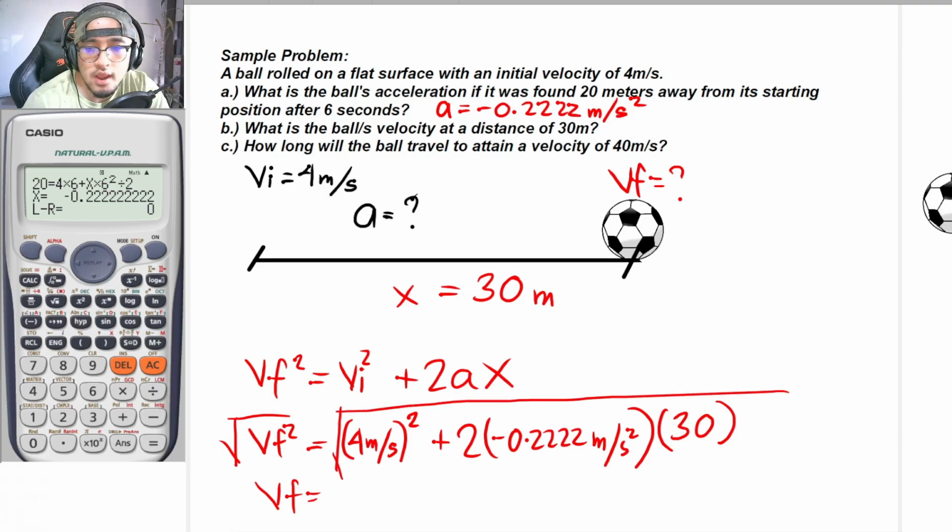So looking at the calculator to your left, VF is equal to the square root of 4 squared plus 2 times negative 0.2222 times 30.